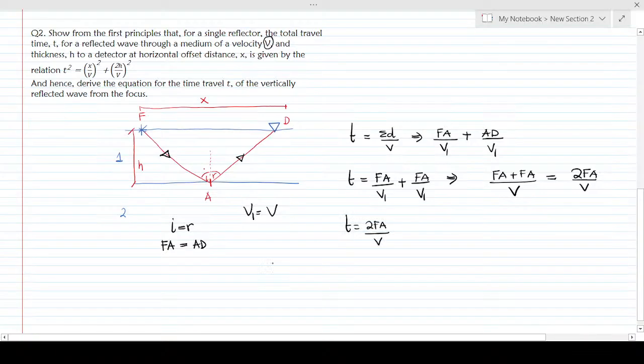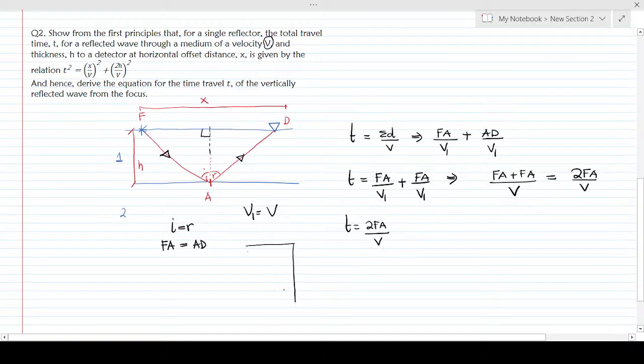Now, we need an expression for FA because we don't know FA. So we need an expression for FA in terms of X and H. If you look at this carefully, if this is our normal, from the laws of light, the normal makes an angle of 90 degrees to the boundary, right? So if you look at it, this is a right angle triangle.